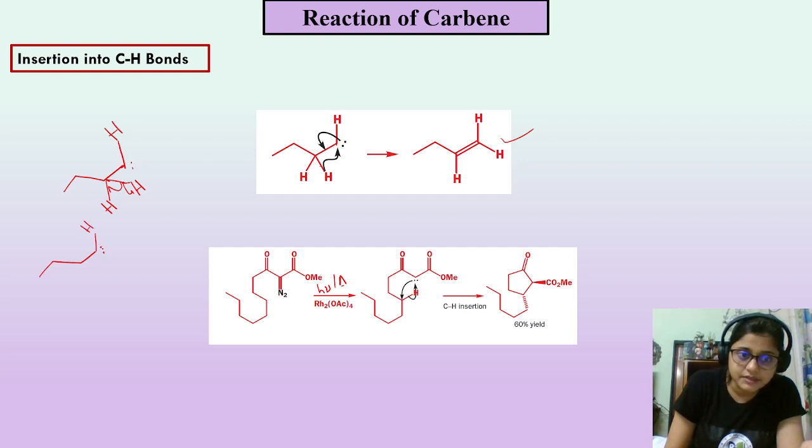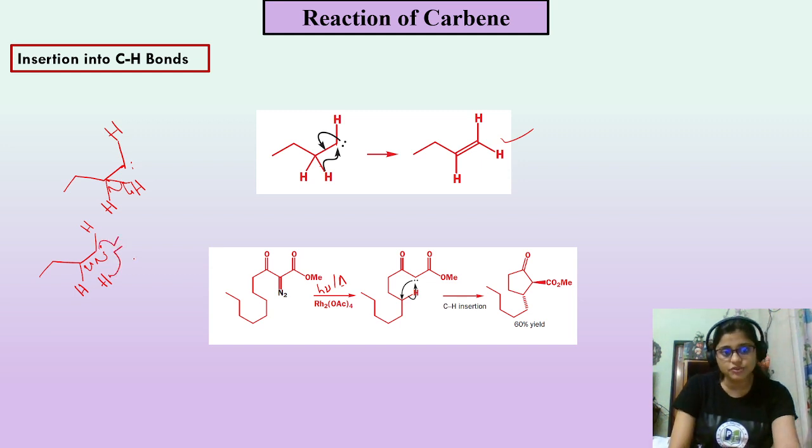Here carbene is present, here one dot, one H present, and one H dot is here. Now, if this and this form a bond, and here one radical will be there and it will join with this hydrogen. Understood? Then this kind of intermediate will form. This kind of product will form. How? This hydrogen is coming from this carbon. This one, 1, 2. So this is coming from 1.